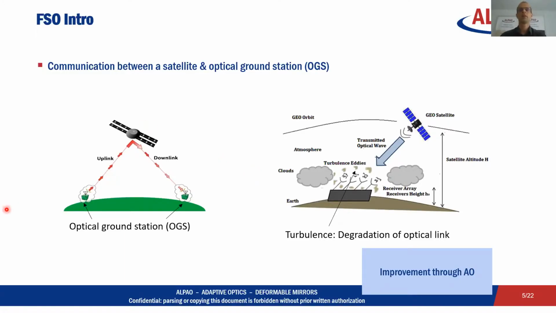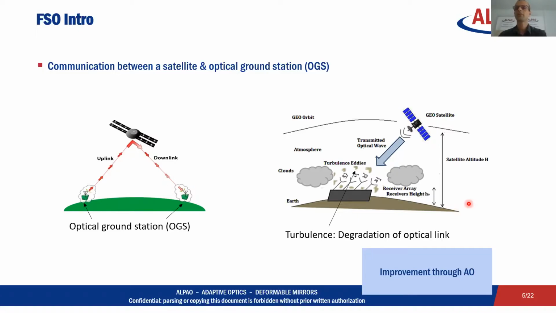So let's look at the technical aspects. We see here on the left side a schematic of a communication scenario between a satellite and different ground stations. We have separate ground stations dedicated to uplink, which means data flow from the optical ground station up to the satellite. And we have the downlink scenario, which means data flow from the satellite down to the ground station.